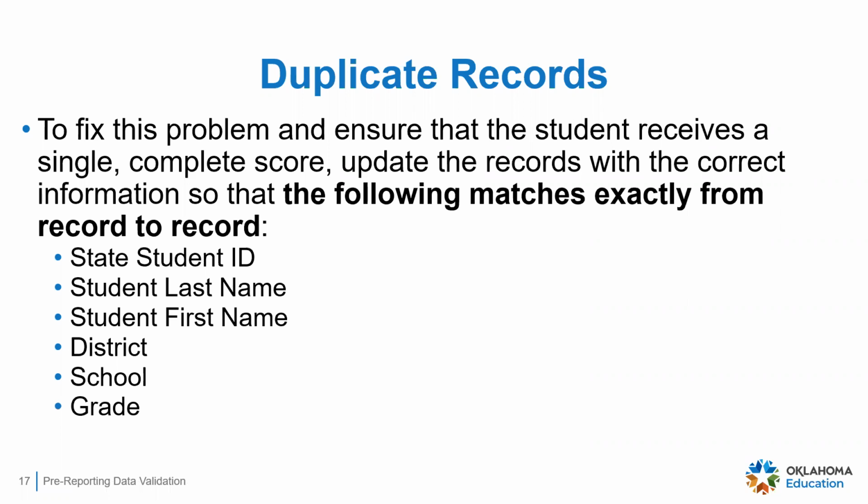So you'll want to double check that the state student ID number is correct, their first name and last name are spelled correctly, the district, school, and grade are all in there correctly. And these 6 items are required by WIDA and by DRC to correctly match up the records.